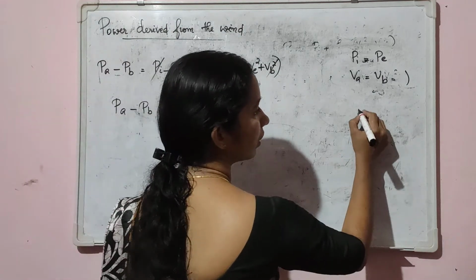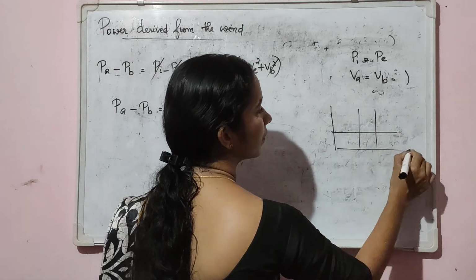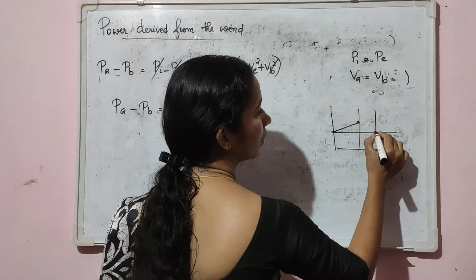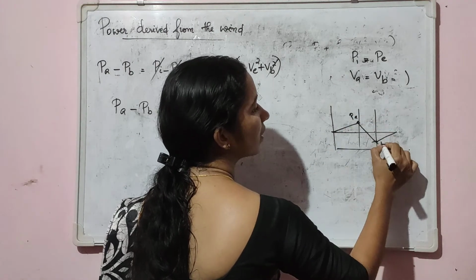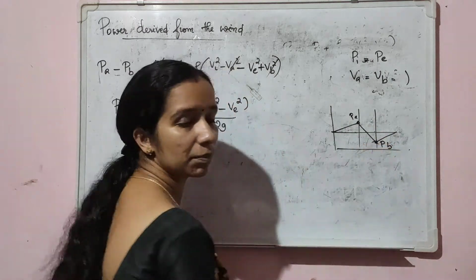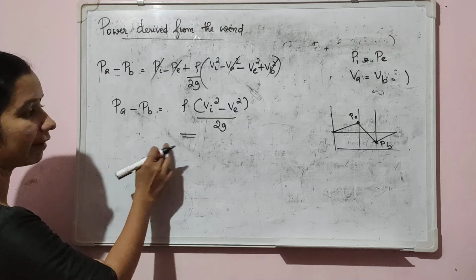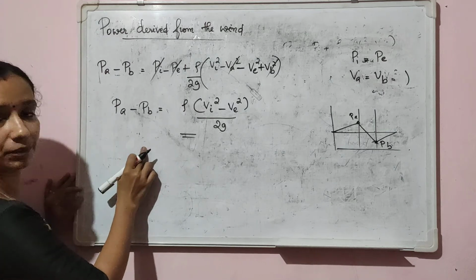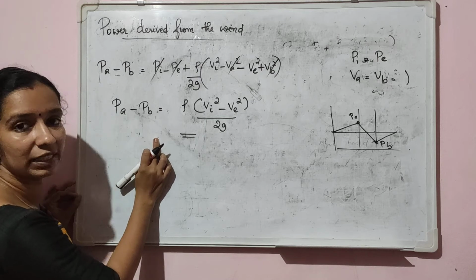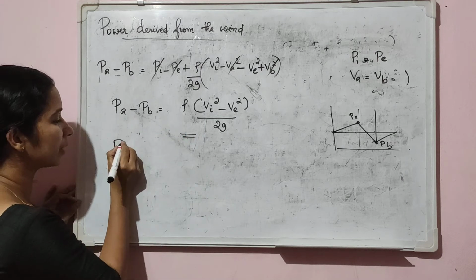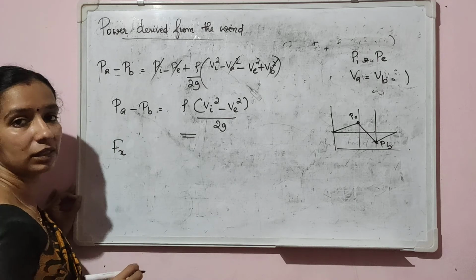We have denoted the pressure variation like this: this is Pa and this is Pb. So Pa minus Pb is the variation of pressure across the turbine blade. If this is the pressure variation across the turbine blade, then we can write the equation for the horizontal force exerted by the wind as Fx.